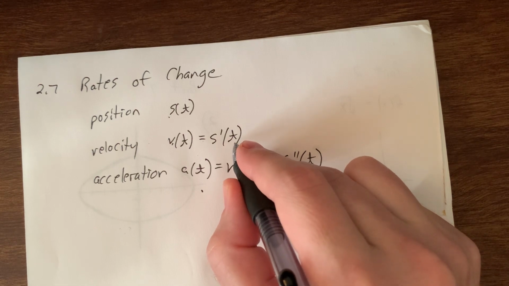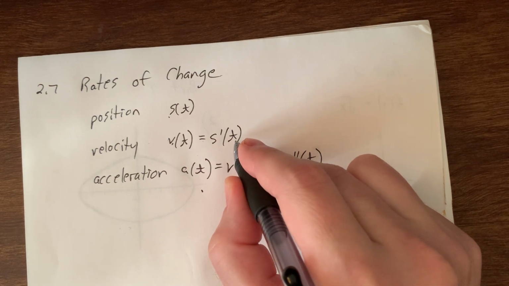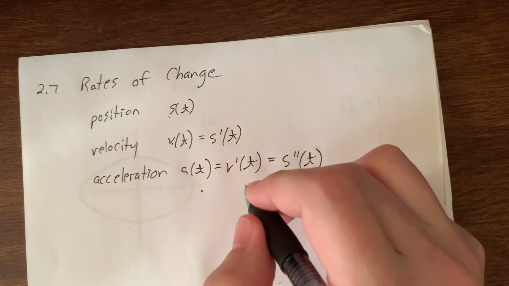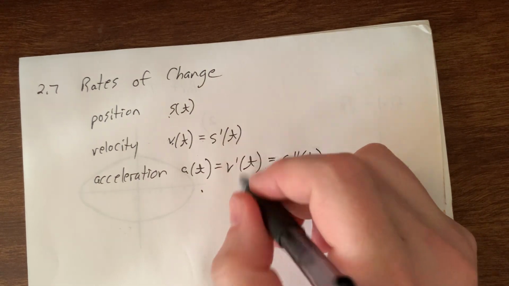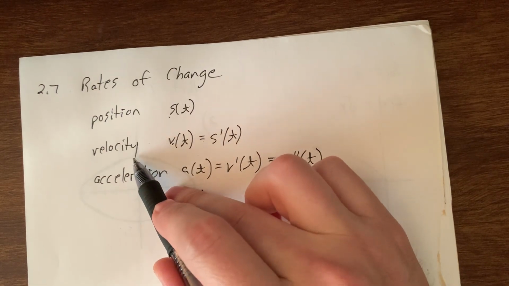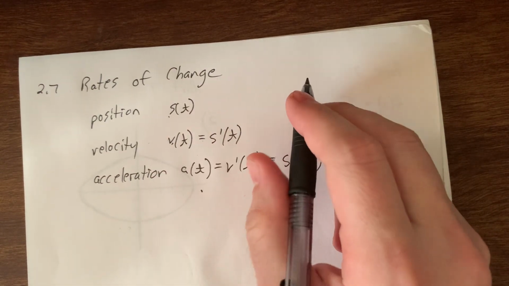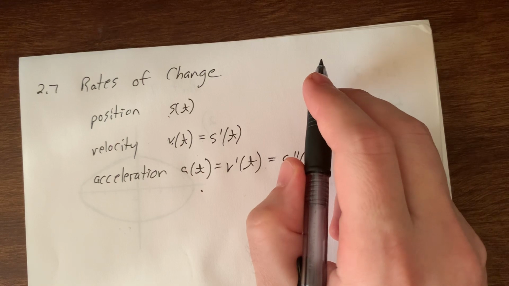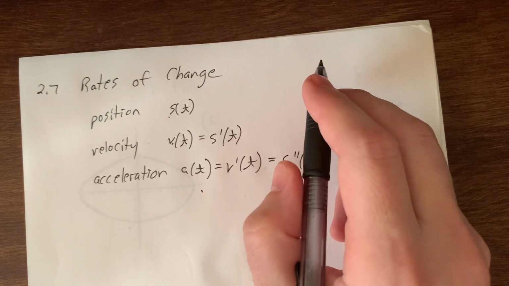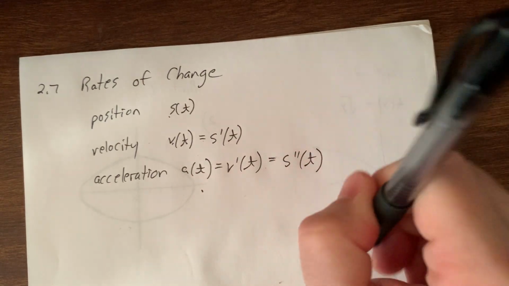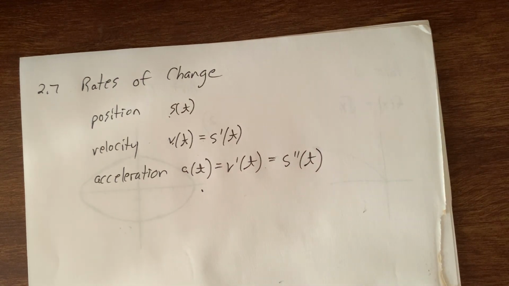So if you're traveling 40 miles per hour north, I'm traveling 40 miles per hour south, we both have the same speed, but by heading in opposite directions, we would have different velocities. If you're traveling north, you would have a positive 40 mile per hour velocity. If I'm traveling south, I would have a negative 40 mile per hour velocity.